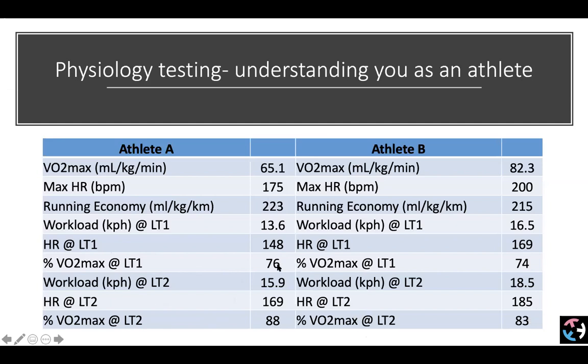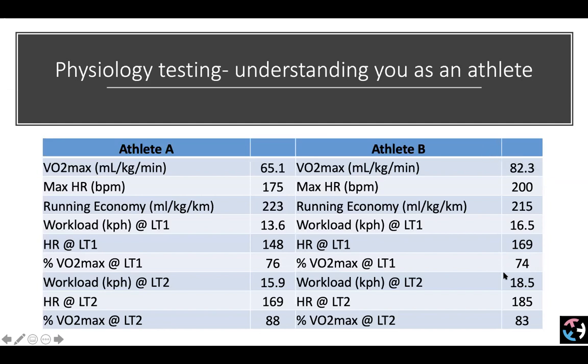Typically, these don't go beyond 80 and 90%. So there is still room for improvement with the VO2 maxes that they have, especially for athlete B with his massive VO2 max.